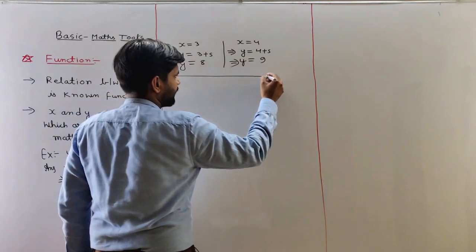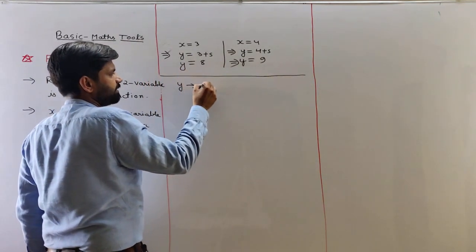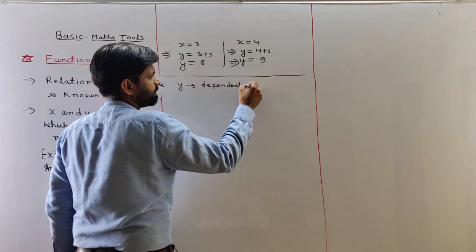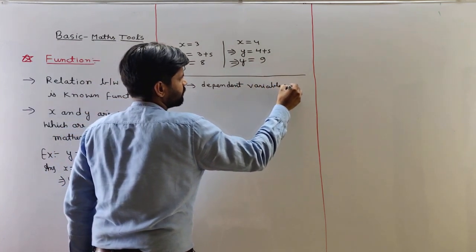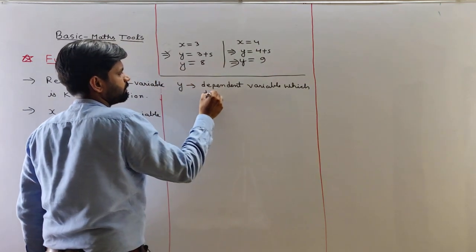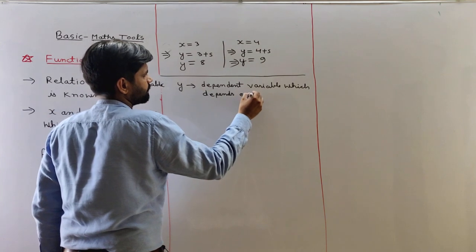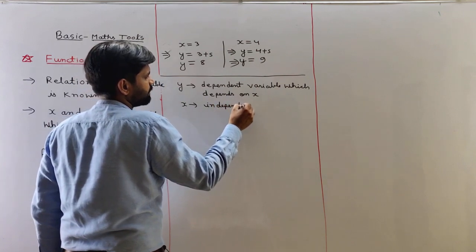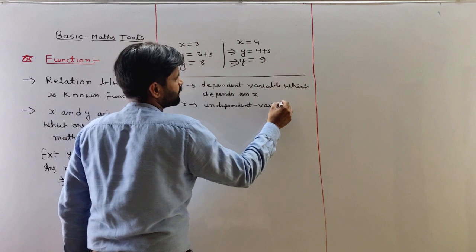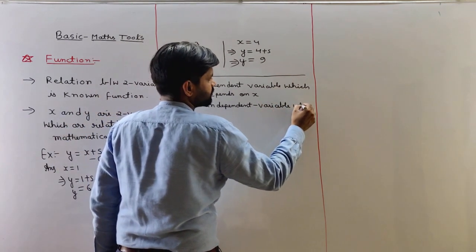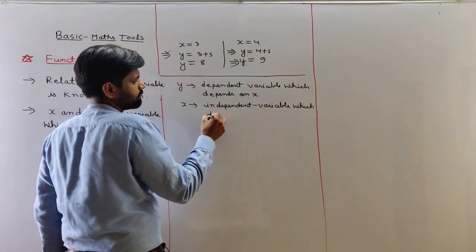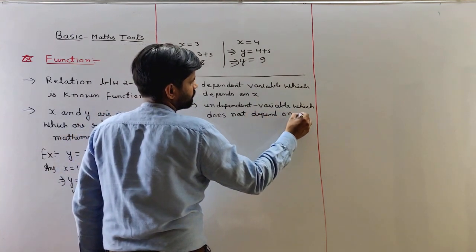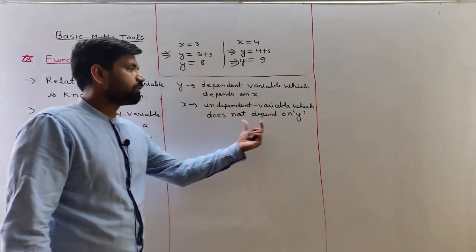So here we get two variables. Y is a dependent variable which depends on x, and x is an independent variable which does not depend on y, or we can say does not depend on any variable.